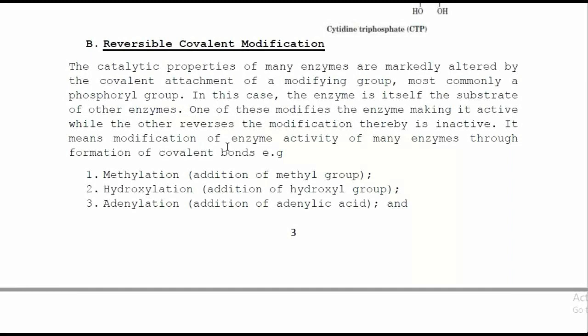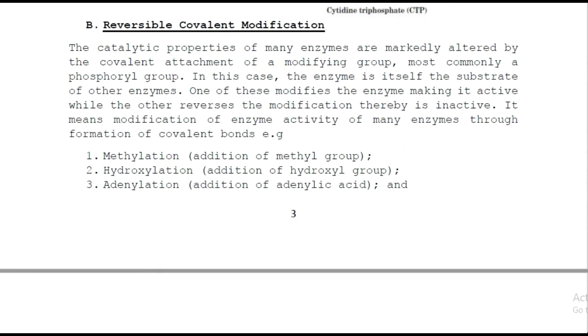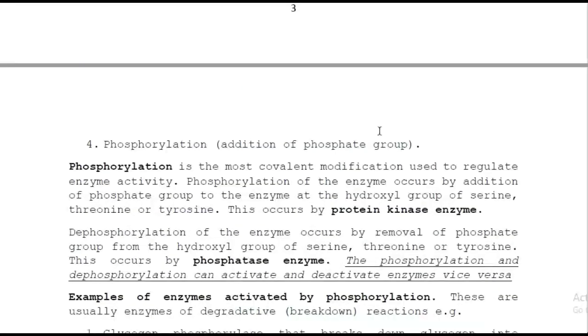There are different types of reversible covalent modifications that can take place. We have methylation, hydroxylation, adenylation, and phosphorylation. From their names, you can factor in the kind of reaction that takes place.